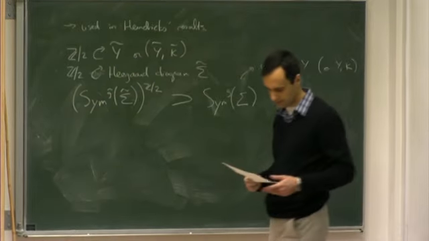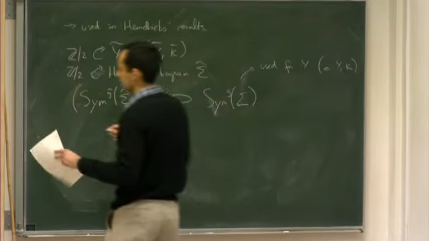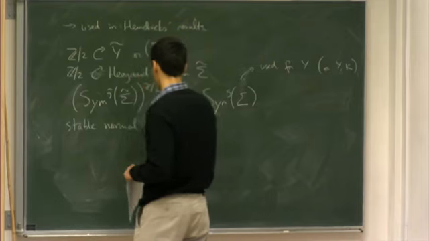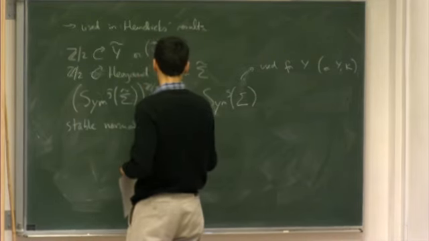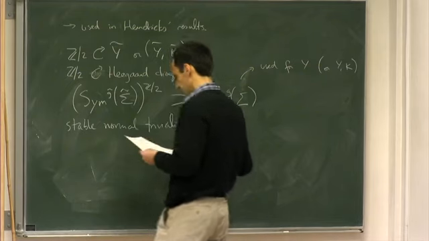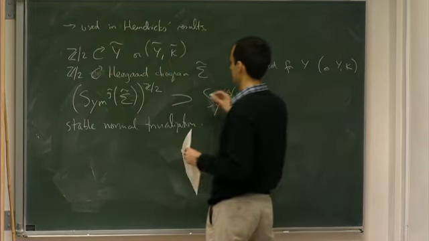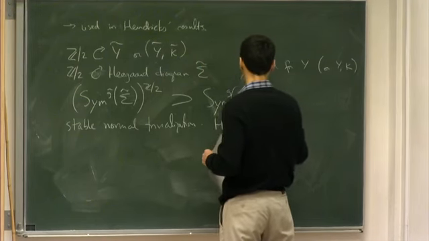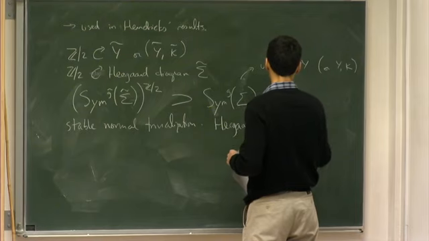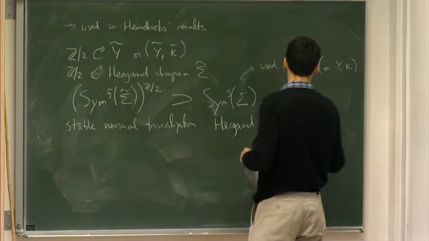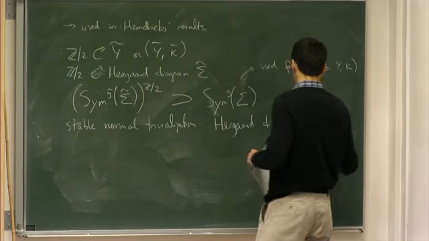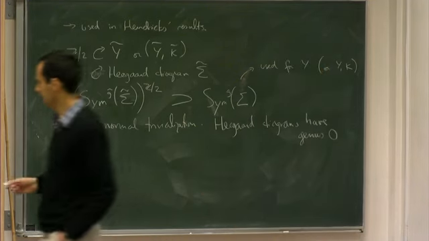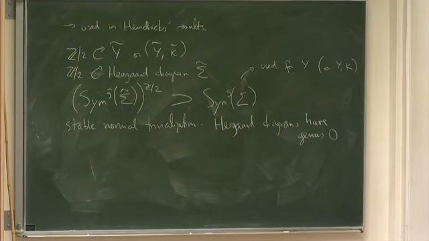And right, so the stable normal trivialization is this technical condition, but basically what this ends up being is that the Heegaard diagrams have genus 0, which is not usually the case for 3-manifolds, and that's why these results are for knots in S3.